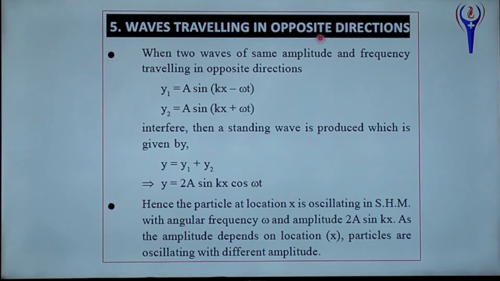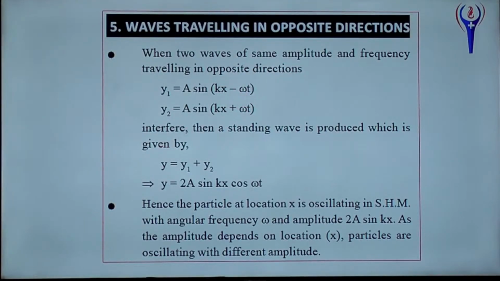Waves traveling in opposite direction. When two waves of same amplitude and frequency travel in opposite direction, y1 equal to a sin(kx minus omega t) and y2 equal to a sin(kx plus omega t). Then y equal to y1 plus y2, that is equal to 2a sin kx cos omega t. This is the two waves of same amplitude and frequency traveling in opposite direction.